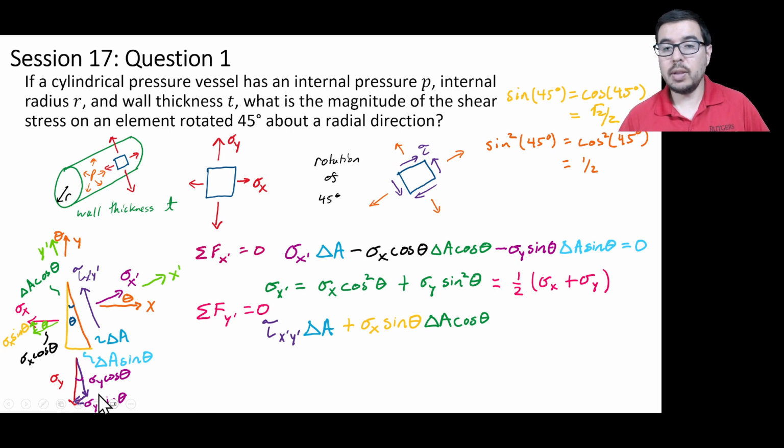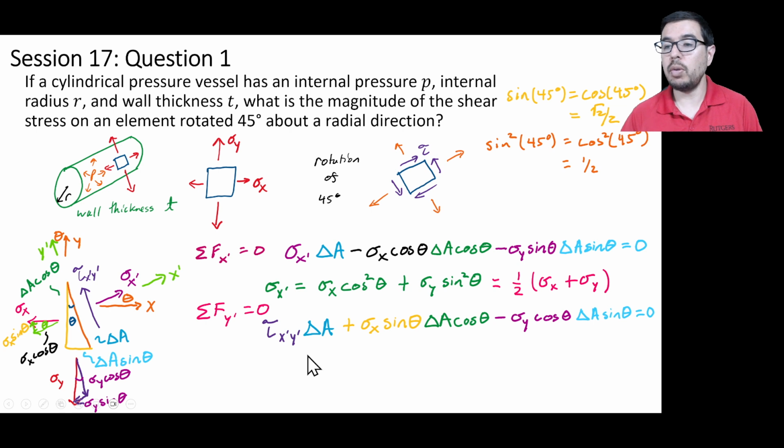And we have this sigma y cosine theta component acting in the opposite direction but parallel nonetheless to the y prime. So we're going to do minus sigma y cosine theta, and that's acting on the delta A sine theta. Remember, this is the component of the stress that is parallel to the desired y prime direction, but it's not a force until it's acting on an area. So that's the delta A sine theta.